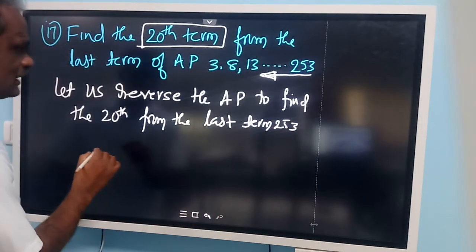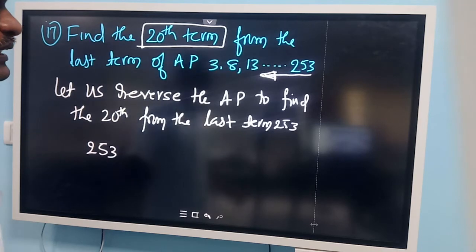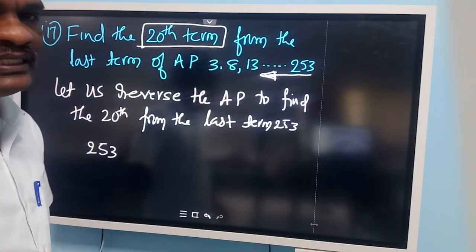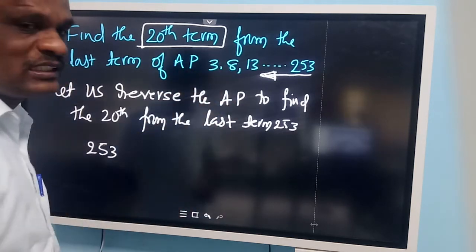Once you reverse the AP, it starts with 253, and what is the common difference here? 3, 8 minus 3, it is 5.